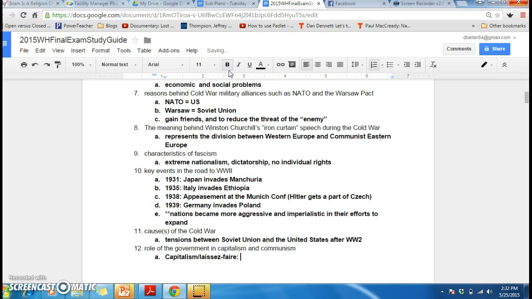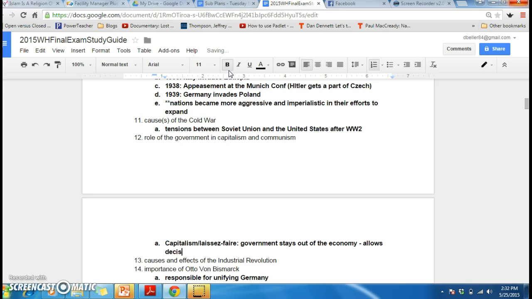Ideally, if this is a capitalistic society or a true laissez-faire capitalistic society, the government stays out of the economy and allows decisions to be made by business leaders.